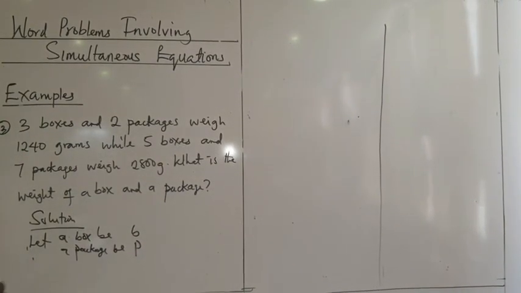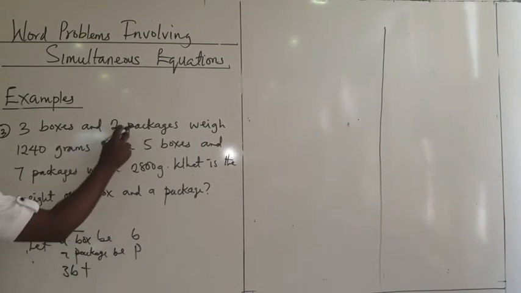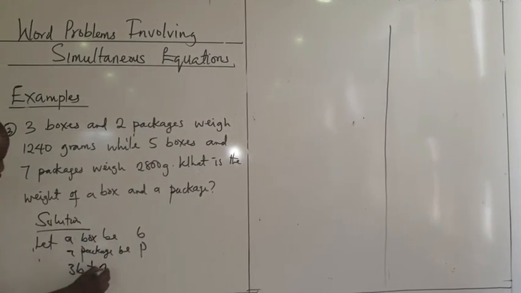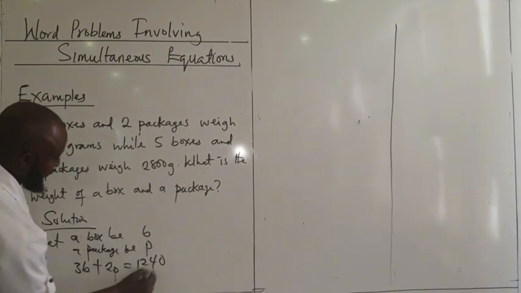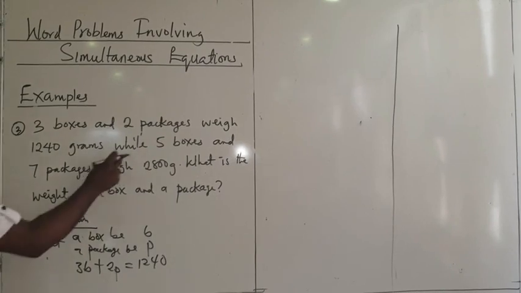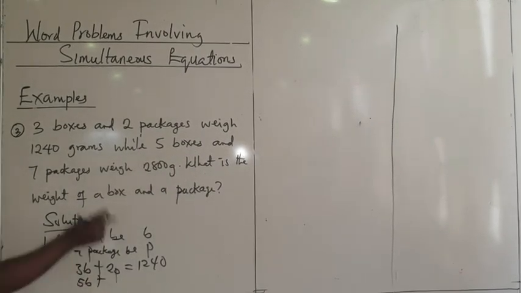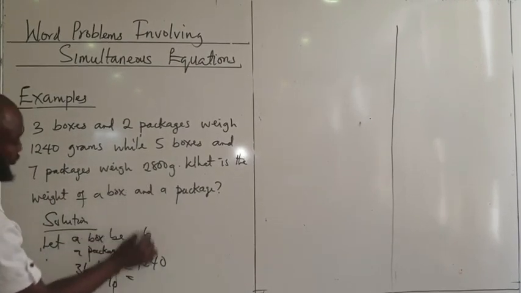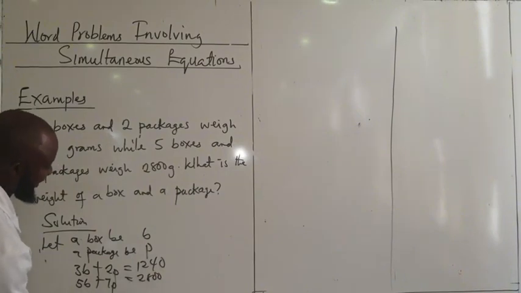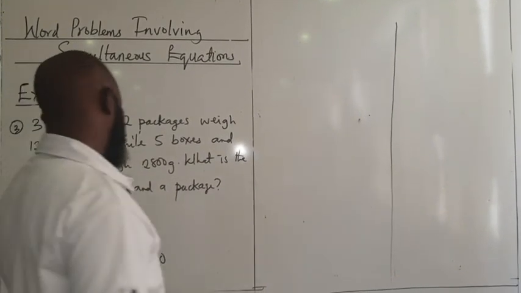So three boxes means 3B, plus two packages, that is 2P, equals 1,240. Five boxes, that is 5B, plus 7 packages, 7P, equals 2,800 grams. You can see we have simultaneous equations here.